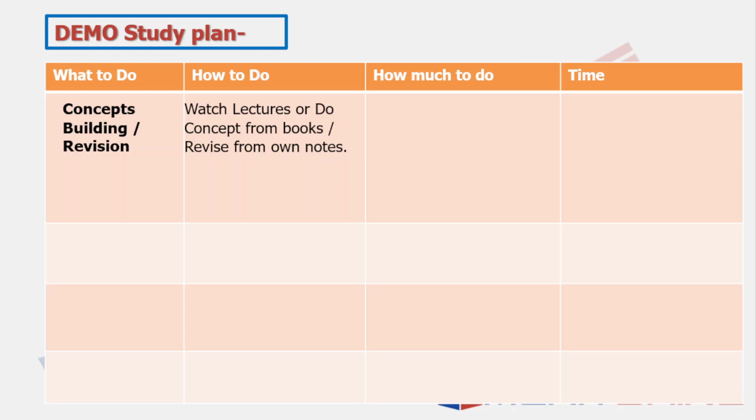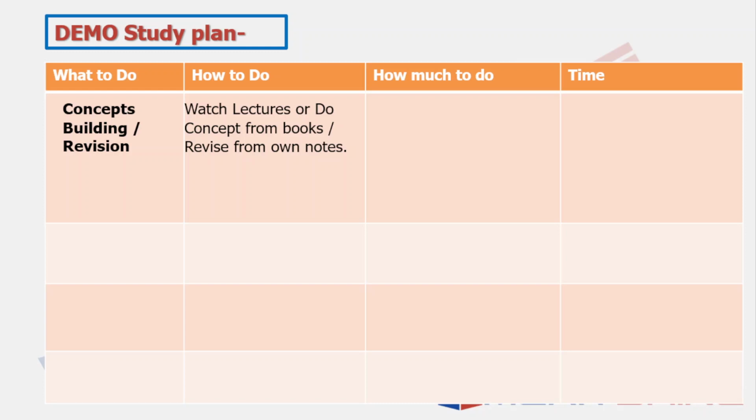Lectures from the course that you have taken, if you have taken any course, or from YouTube. Or if you are referring to a book, obviously you should choose a book very carefully so that it has fewer errors and it's relevant to the exam, and I suppose that you would do that. If you are doing that from a book, do it from a book. So these are for all those students who are building concepts.